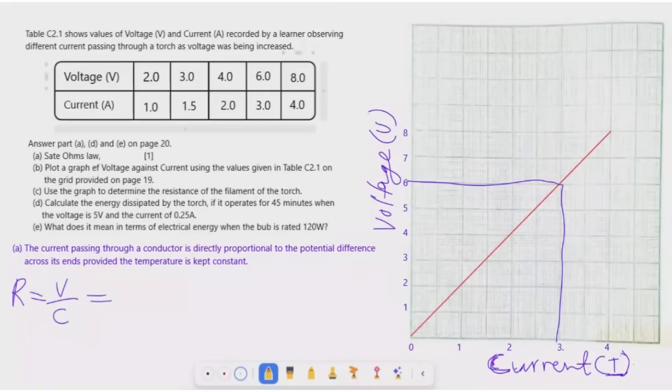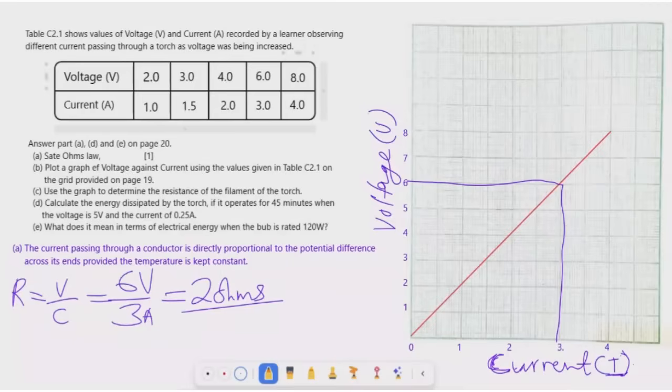Where there is voltage we put 6, and where there is current we put 3. Then we find the resistance: 6 volts divided by 3 amps gives 2 ohms. So we can determine that the resistance of the filament is 2 ohms.